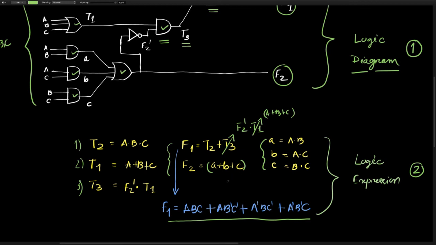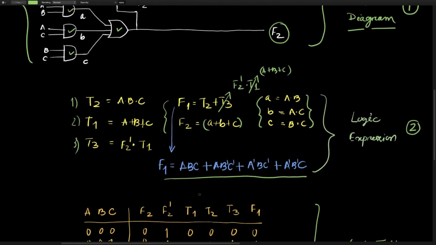A, B, C are also given here. By simplifying you will find F1 to be a simple expression of this. So this is the second step of the analysis procedure of any combinational logic that is given to you.